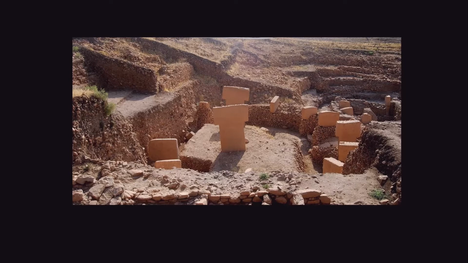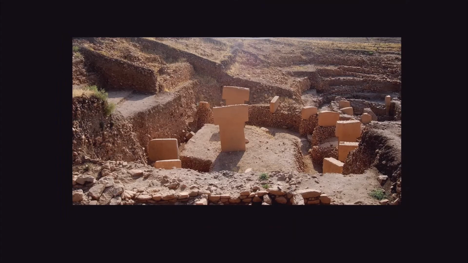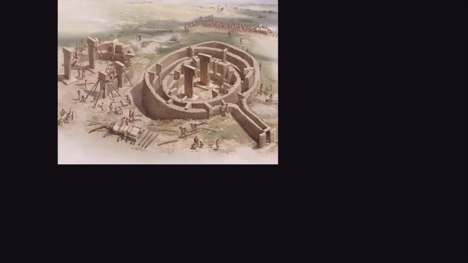I want to stress why that's so important. That's why I had that conversation about agriculture. Nothing in the world happens without surplus. So if you're a bunch of hunter and gatherers, you have to spend a lot of time hunting and gathering. But when you look at the sophistication of these monoliths, when you look at the scale of it, this is not something that you could do with you and a couple friends in an afternoon in between hunts.